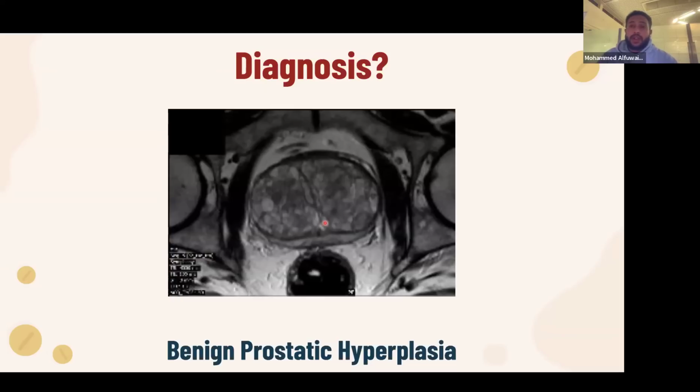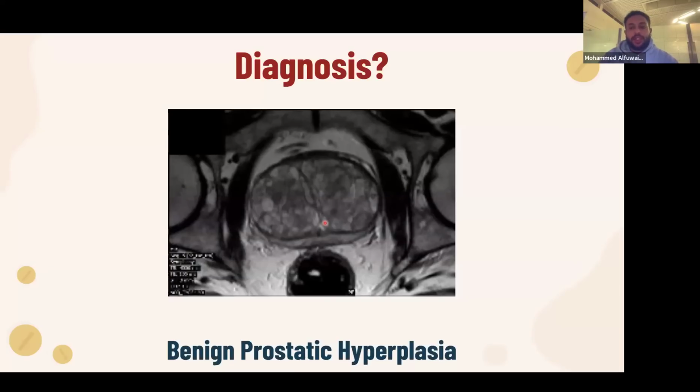Now, what's one important blood lab marker that will be elevated in BPH sometimes? PSA. What's the cutoff number? 4. Remember these two numbers, 4 and 10. If it's more than 4, it might tell you that this is BPH. If it's less than 4, does it exclude BPH?